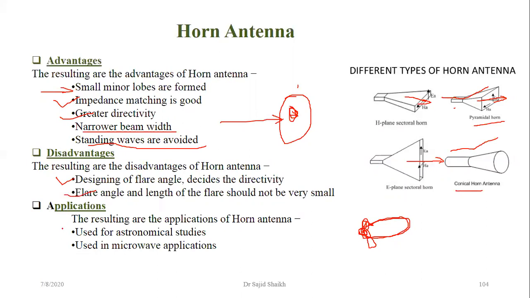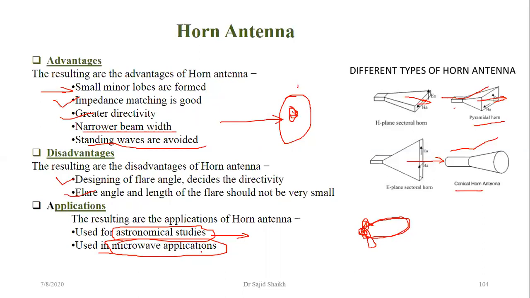Now when we talk about the applications, astronomical studies, meaning when you are going to study astronomy, some space application, some galaxy, or if you want to study the different stars, in such applications these antennas are used. And the second application is some microwave applications.